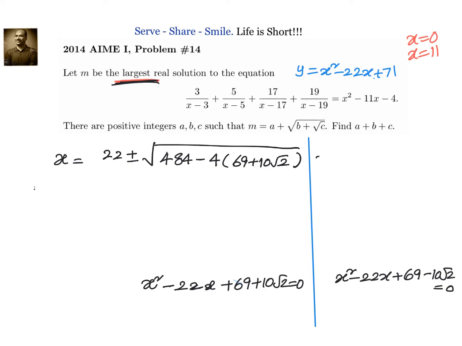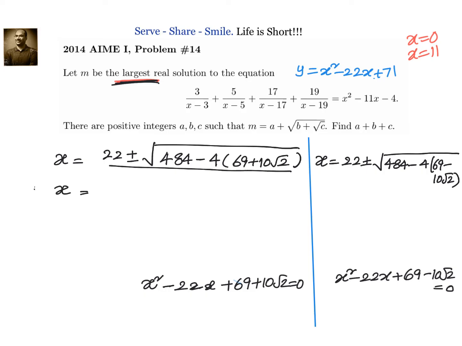Similarly, on the other side, we have x equals 22 plus or minus root 484 minus 4 into, in this case, 69 minus 10 root 2, that we have to understand. Now the x value here will be divided by 2a, so I have this whole thing divided by 2.